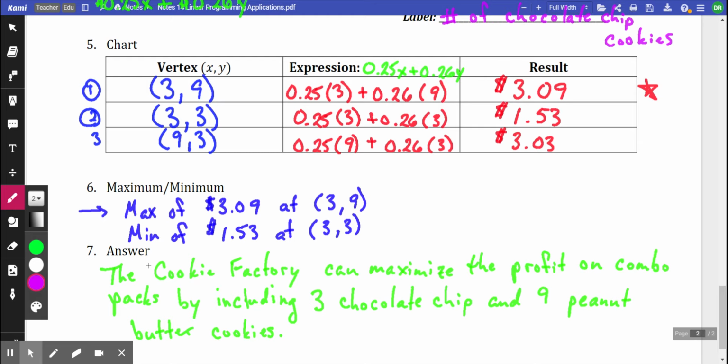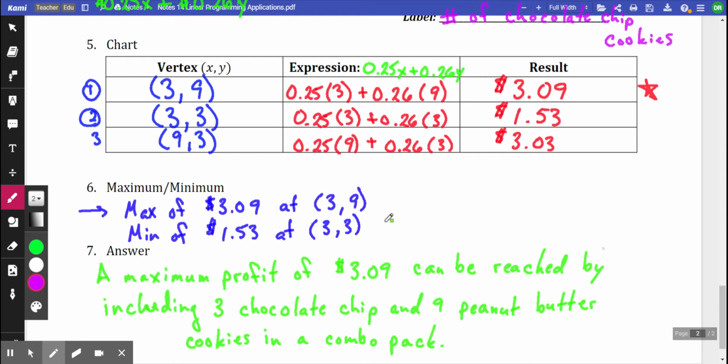So I guess even further, if we wanted to, we could include how much that profit was. So maybe we include the cookie factory can maximize the profit. We could have said the cookie factory can achieve a maximum profit of $3.09 with combo packs including 3 chocolate chip and 9 peanut butter cookies.